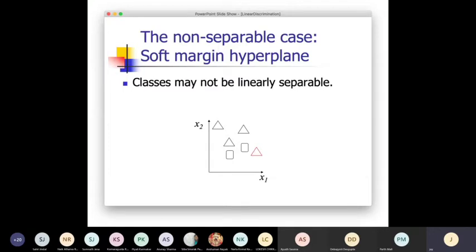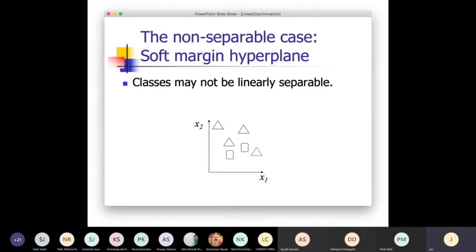So this is an example where we will find how this problem can be modified if the classes are not linearly separable. Because in the problem formulation we assumed they are linearly separable. If they are not, then we need to modify this problem.